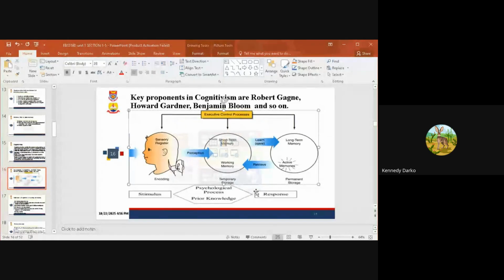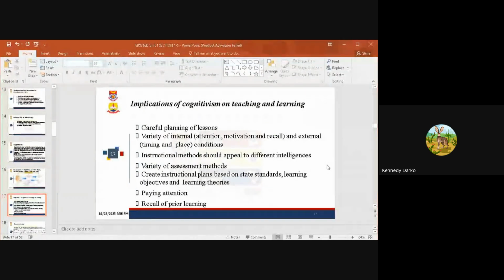Okay. All right. So now we are moving on to the implication of cognitivism on teaching and learning. Let's look at the effects cognitivism is having on our teaching and learning. So here we are looking at careful planning of lessons. We are using our mind. I'm going to teach sources of water.